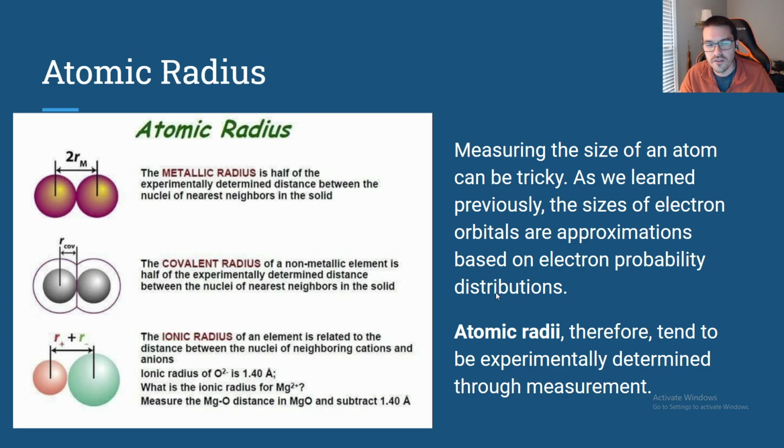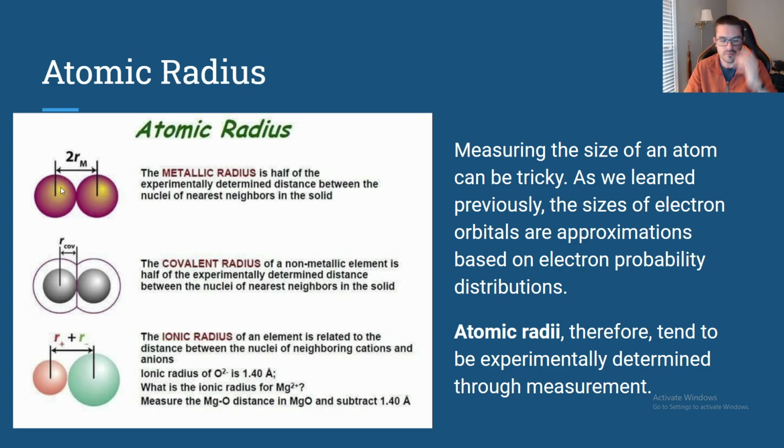What scientists have done instead is they look at substances, either a metal or some sort of covalently bonded substance or some sort of ionic substance that involves multiple atoms together. Measure the distance between two atoms and then divide that by 2, and that will effectively give you the radius.